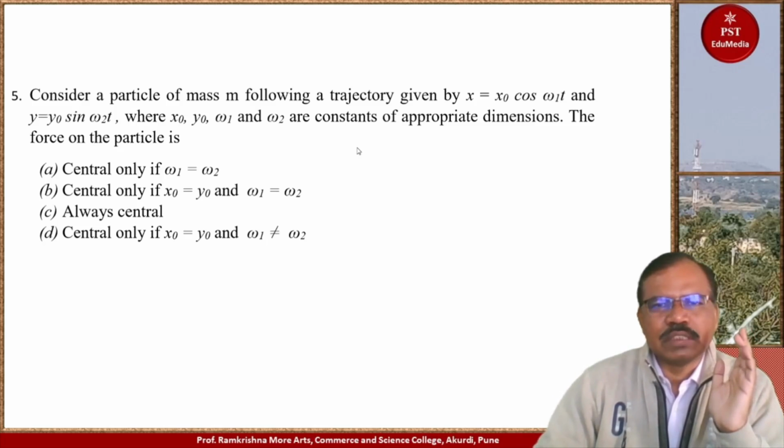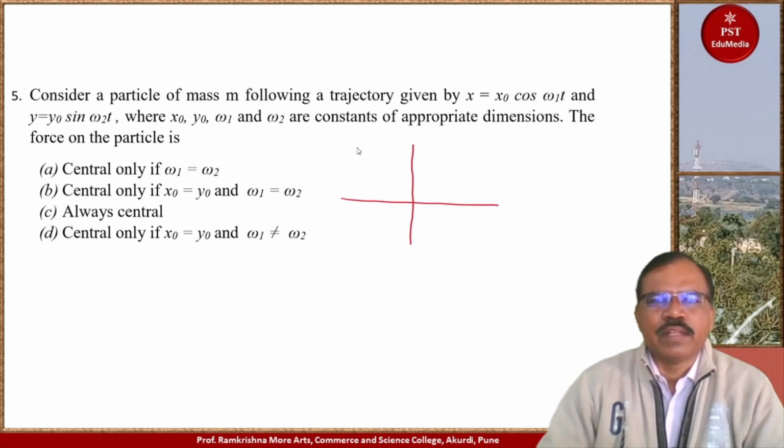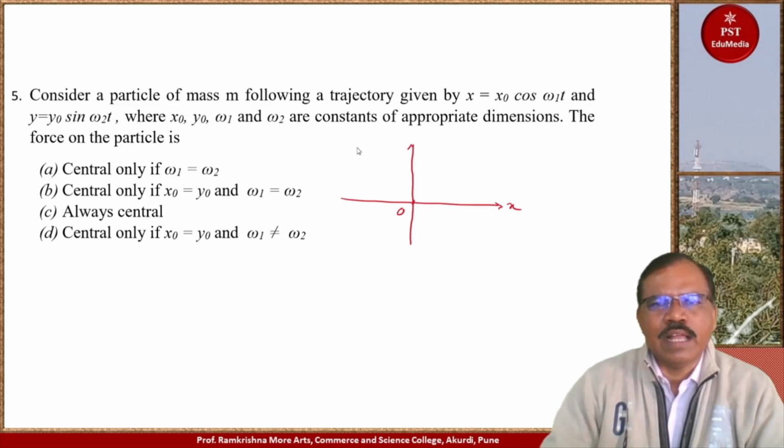Now we must first know what a central force is. Suppose we take a two-dimensional system, and suppose this is the origin of the coordinate system x, y, and some particle of mass m is moving along a path like this.